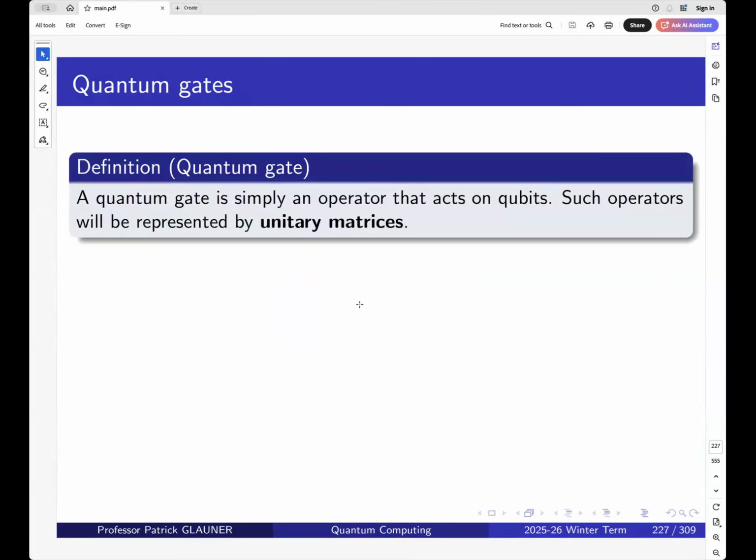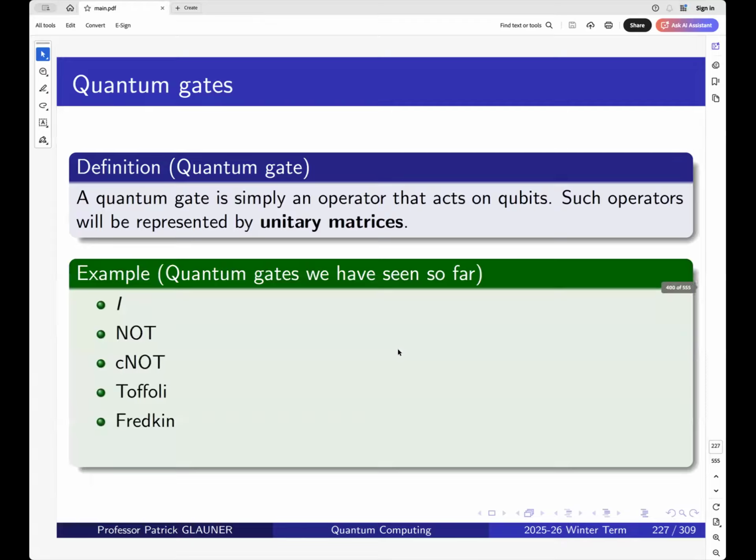Now, we have studied reversible gates, and the Toffoli gate we saw will also be used in the quantum world and is represented by a unitary matrix. But we need more gates in the quantum world. And you've seen quite a few quantum gates already. So the Toffoli one can be used in the quantum world, the Fredkin one, the NOT gate.